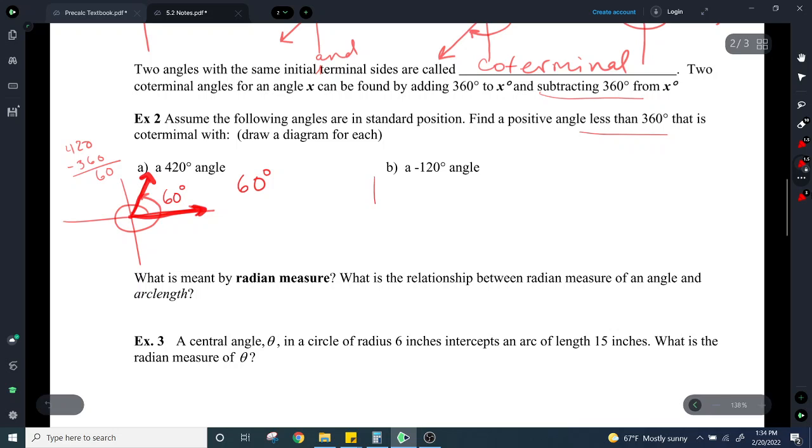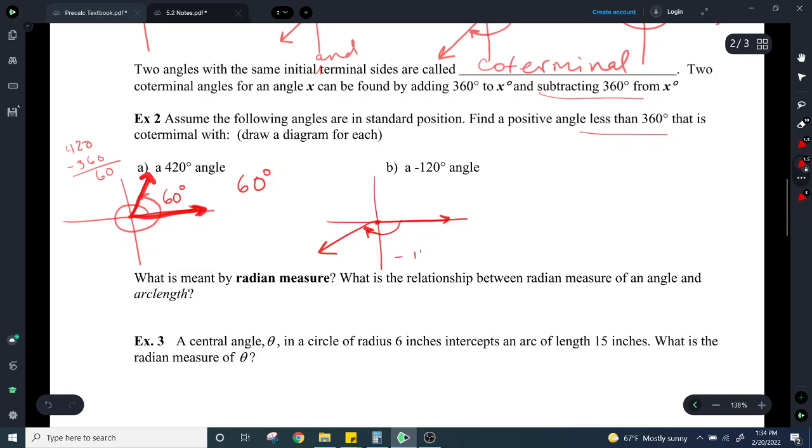Let's try this one, negative 120. Okay, so if we start here, and it's negative, so we're going to go backwards. Let's see, so I'm going to go backwards 120. So there's 90 right there, and I need to go another 30 degrees to get me to 120, which puts me right in the third quadrant, maybe a little further, so right about here.